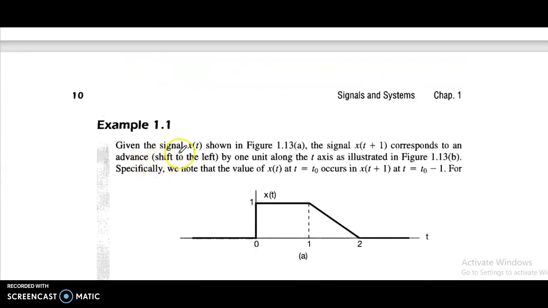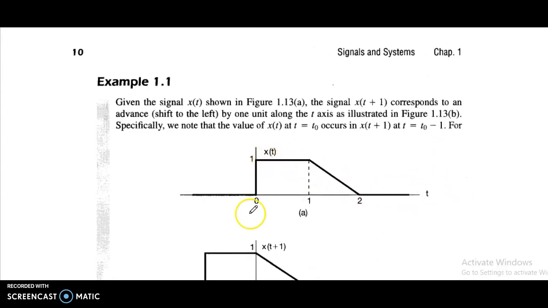Example: given the signal x of t shown in figure 1.13, the signal x of t plus 1 corresponds to an advance, pushed to the left by 1 unit along the t-axis, as illustrated in the figure. Specifically, we know that the value of x of t at t equal to t0 occurs in x of t plus 1 at t equal to t0 minus 1.